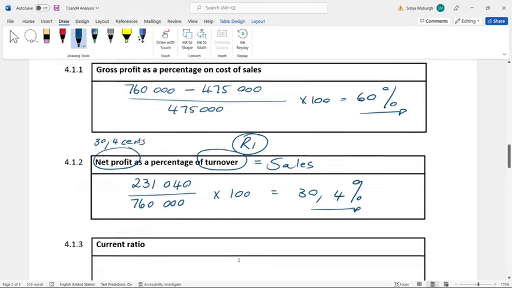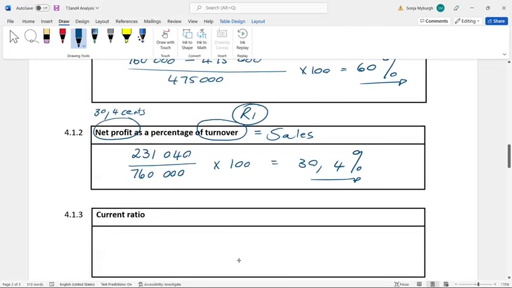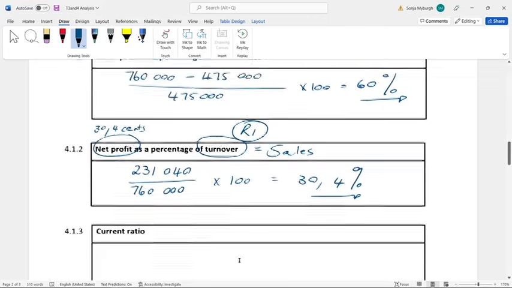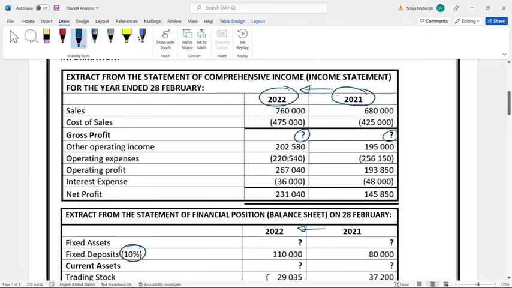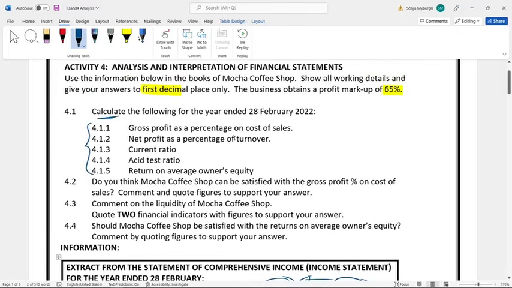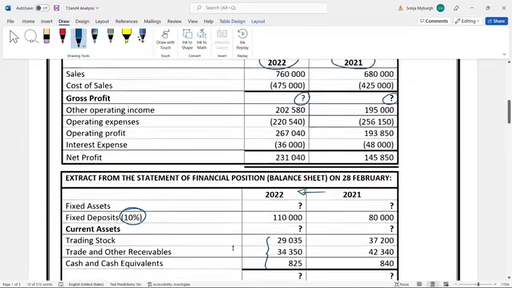The next one, current ratio. Current ratio, current assets towards current liabilities. But we said they didn't give us the current assets, but they did give us those 3, so we can just add them. Just to show you, there was the net profit, 231,040. There's the sales. Something else that I just want to emphasize again, that heading: calculate the following for the year ended the 28th of February 2022. So that is how you know that you must look at the 2022 columns.